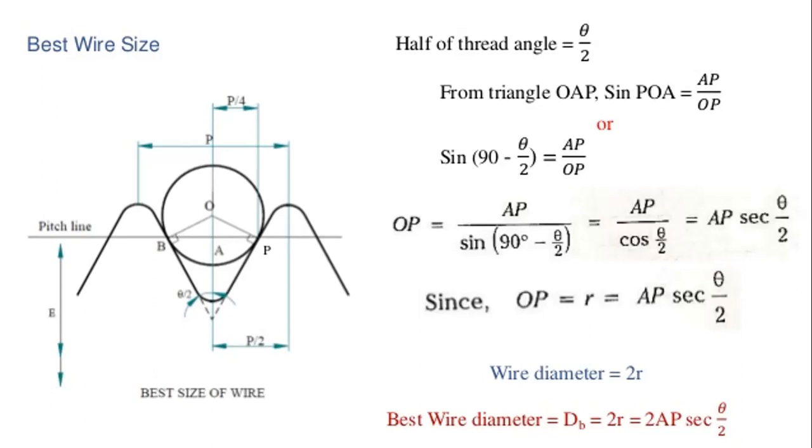That is the value for the best wire diameter. Here we can see the P by 4 condition and the P by 2 condition, so you have to apply both.